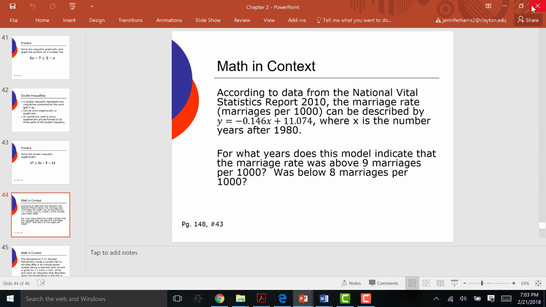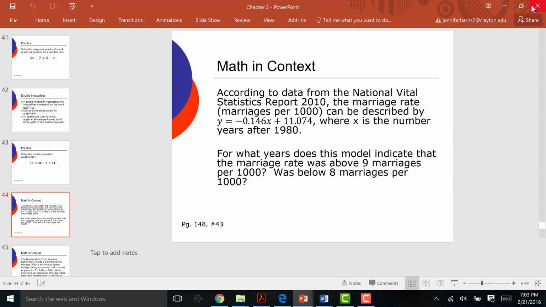The homework is going to say round it to the nearest year, because remember, x is the number of years after 1980. 14.205 is going to round to 14, the nearest whole year. So I'm going to say x is less than or equal to 14 because I rounded it.